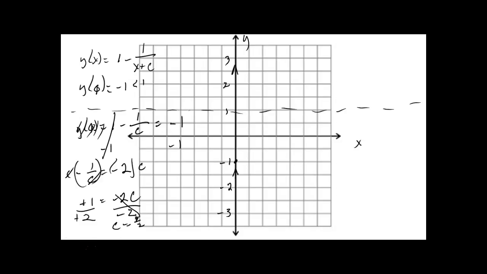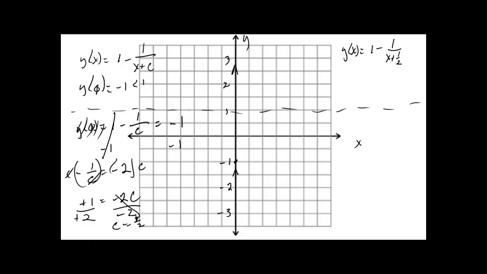So now we know our solution, y of x, for any x, is equal to 1 plus or minus 1 over x plus 1/2. It's probably not the nicest way to leave the problem, but you certainly can. That's your solution.